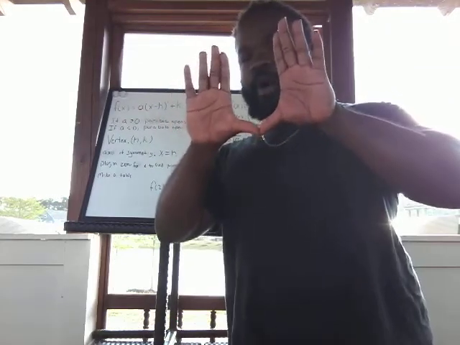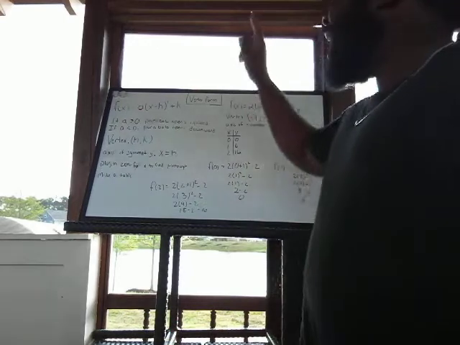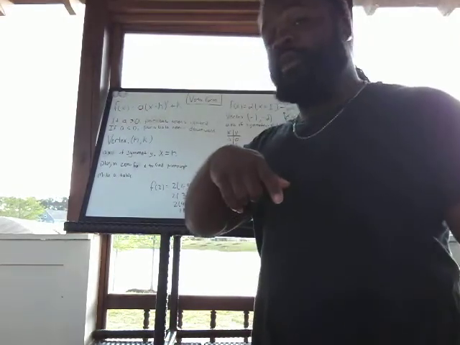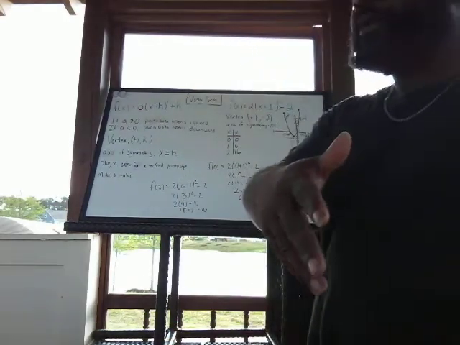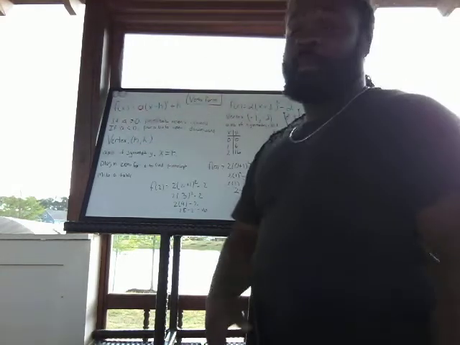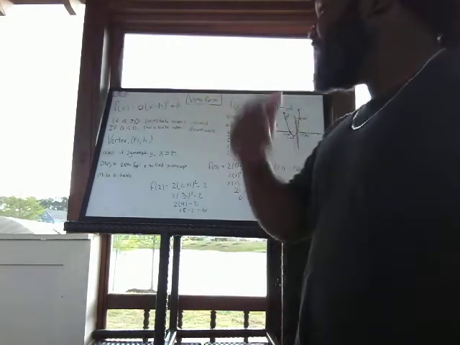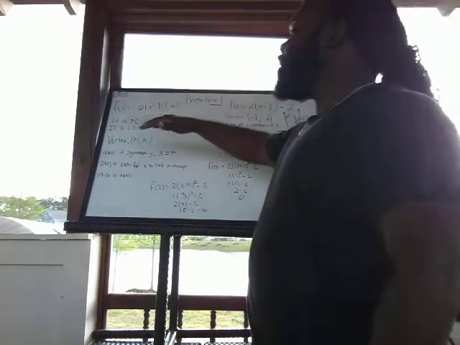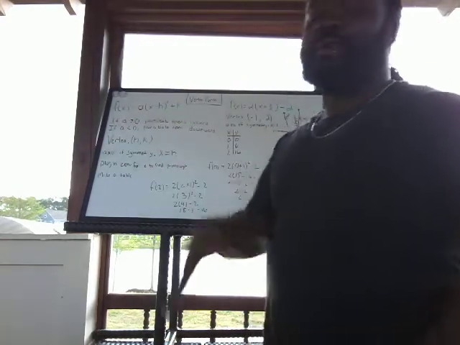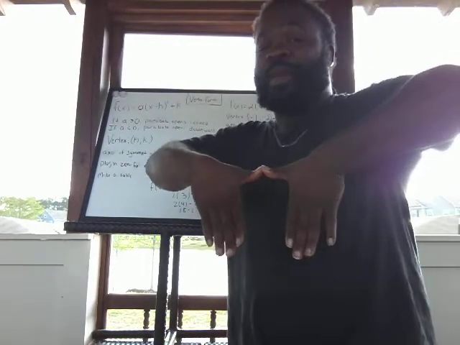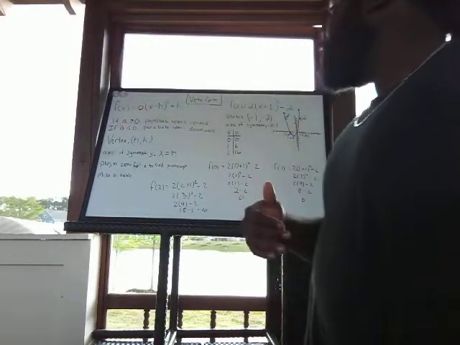If my a value is less than 0, what numbers are less than 0? Negative numbers, right? So if my a value is less than 0, that means my parabola is going to open downward.